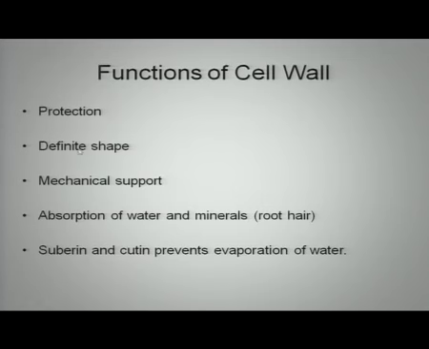It gives a definite shape to the cell. It is involved in mechanical support. It helps in the absorption of water and mineral elements. For example, the cell walls of root hair absorb water from the soil by imbibition. Suberin and cutin prevent evaporation of water or transpiration.